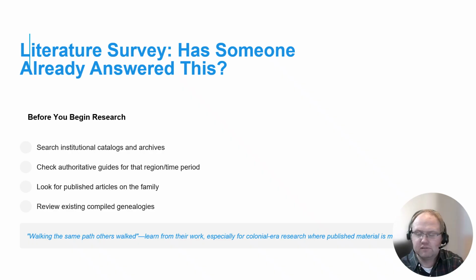So first, I would search your institutional catalogs and archives. Many libraries, historical societies, and archives have compiled genealogies, histories, research notes, and there are many manuscript collections, but that's really getting deep in there. For example, there's a New England Historical Genealogical Society.